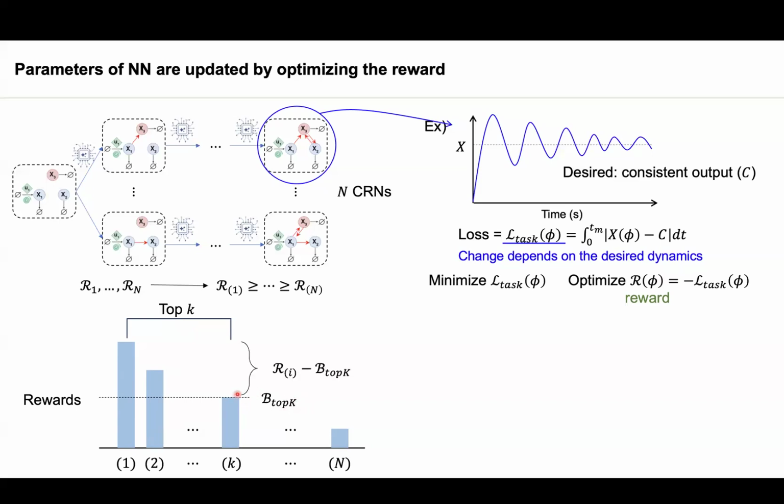Then we calculate this excess value, and we optimize this excess value, the exceeded amount of the reward, so that we can match more to the desired property.